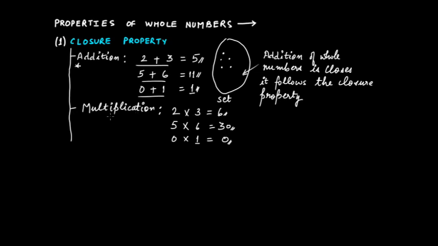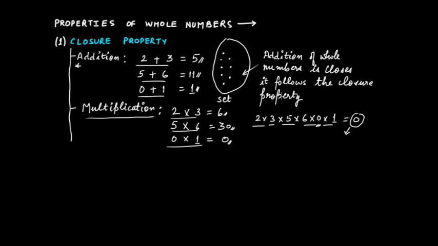That means that even if you multiply 2 numbers or 3 numbers or 4 numbers or 5 numbers, suppose you multiply 2 by 3 multiplied by 5 multiplied by 6 multiplied by 0 multiplied by 1, since it has 0, therefore it would become 0. I just wanted to explain that if you multiply whole numbers, then the resultant answer would also be a whole number, and therefore even multiplication of whole numbers follows the closure property.